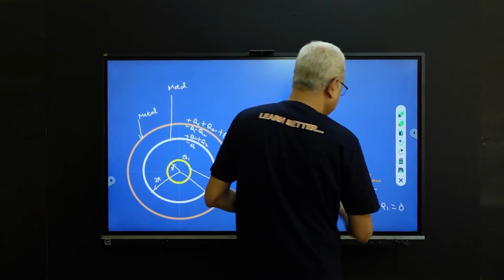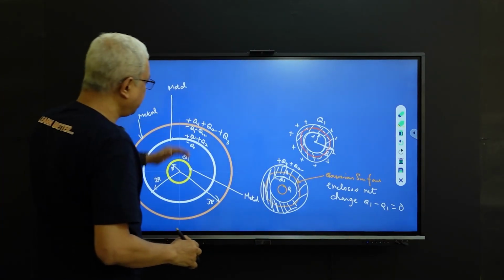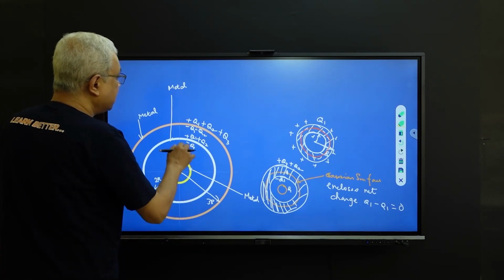So once we know the charge distribution, it is given that the surface densities of charge are equal.